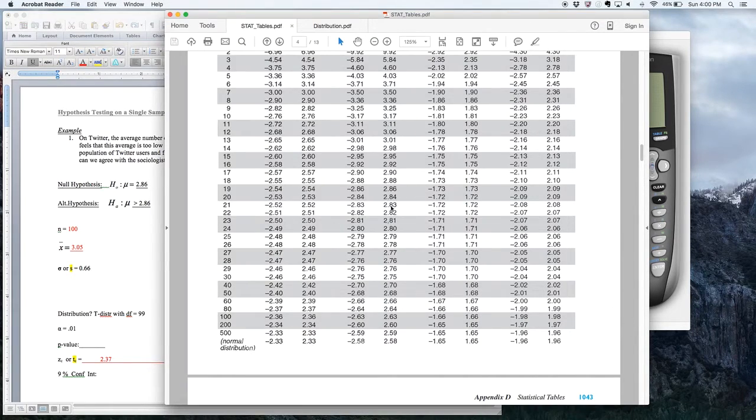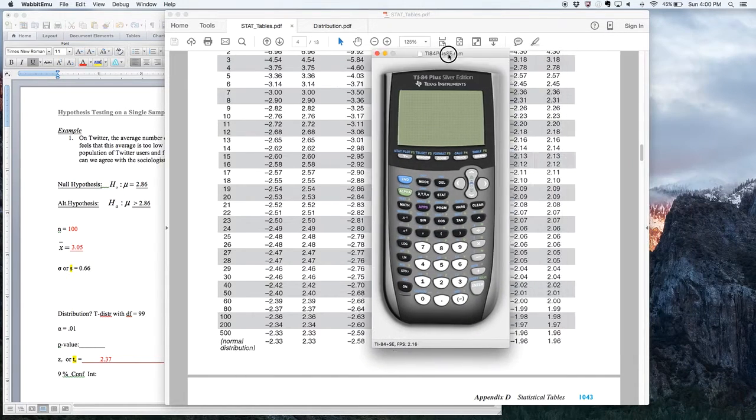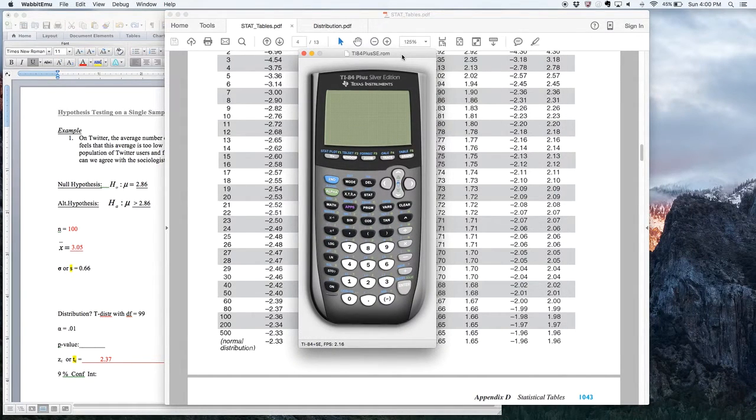Now, just for the record, rather than using this table, if you have your calculator, now this, unfortunately, is only for a TI-84. So if you go to second distribution, and it's option number 4. Now, this is not in a TI-83, unfortunately. So it's option 4, invT. invT just looks up the t-score for you, so you don't have to go to the table.